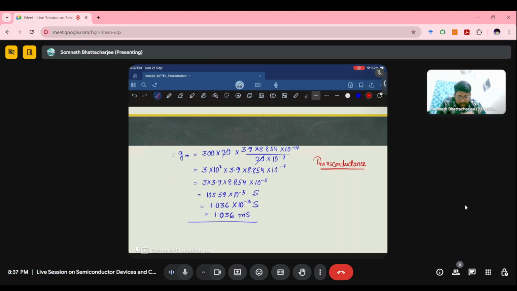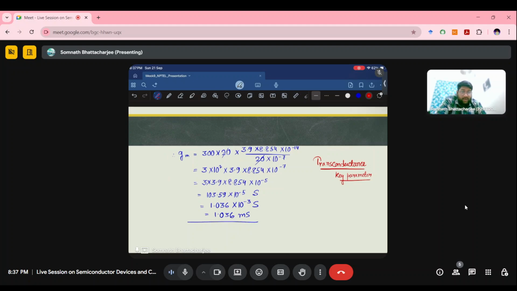So what I was telling is that transconductance is also another key parameter. I had omitted it because it was not mentioned in the lectures, maybe it will be there next week.